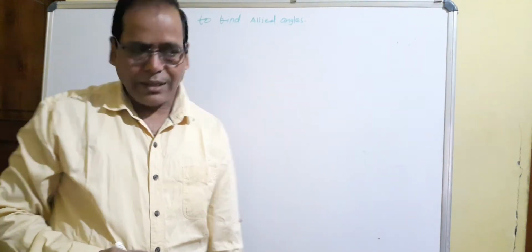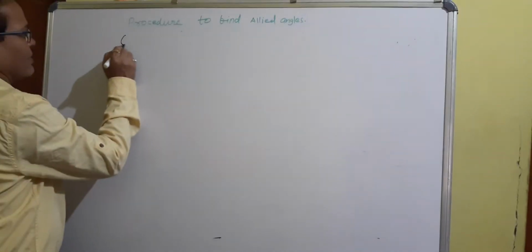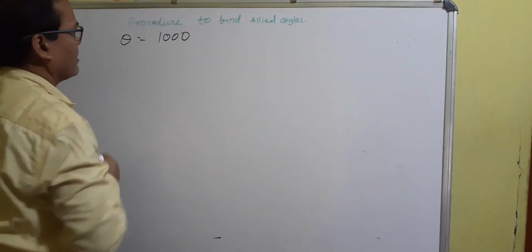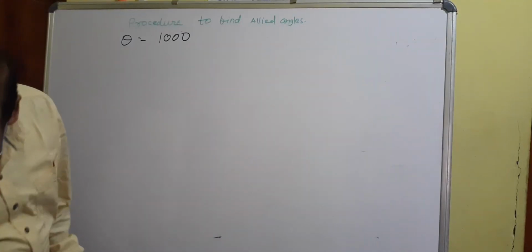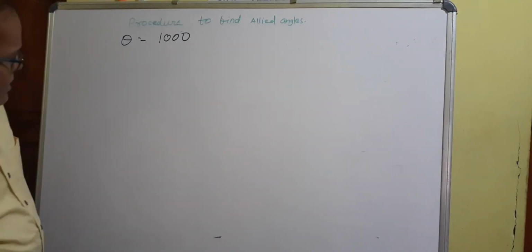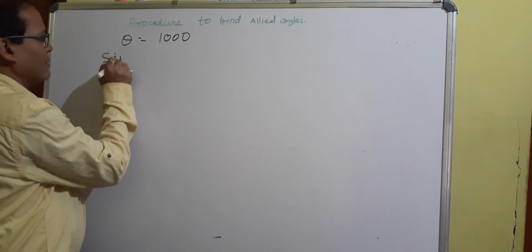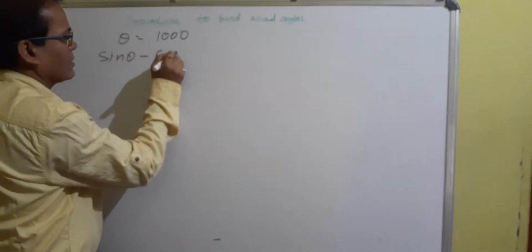One more example I will give. If theta is equal to 1000, what is the value of sine theta minus cos theta? Theta is equal to 1000.